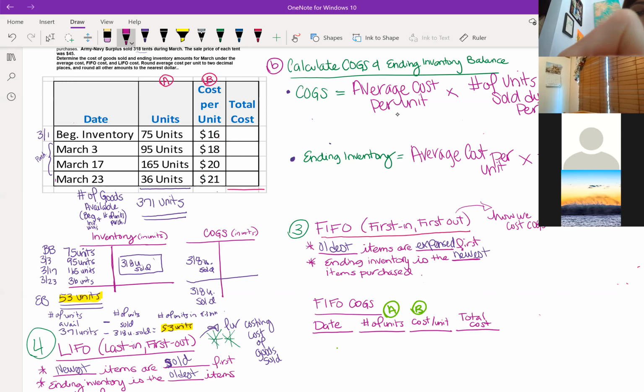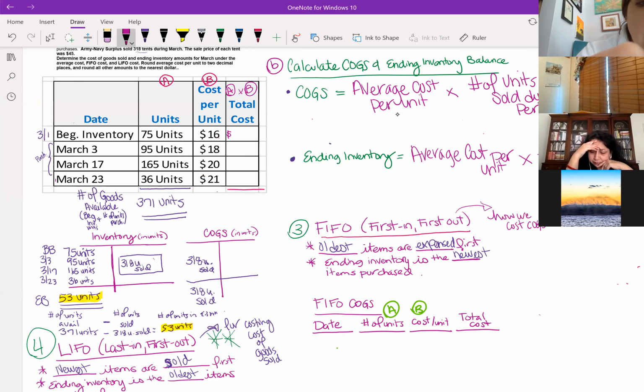So we're going to take the number of units purchased times that cost basis per unit to calculate the total cost for each layer of inventory that we have. So for beginning inventory, we had 75 units in beginning inventory at a cost of $16 per unit. What's our total cost for this layer? 1,200.